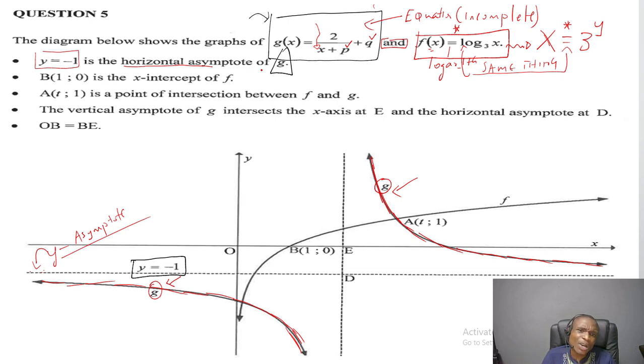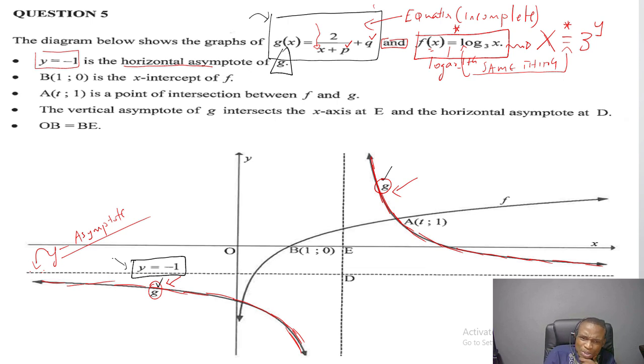So we know to which function this asymptote belongs. y equals negative 1 is the y asymptote of the hyperbola, because g is our hyperbola function. So this horizontal asymptote, y equals negative 1, in this case, is the asymptote of the hyperbola. It was very important because even the exponential function has got this kind of asymptote.